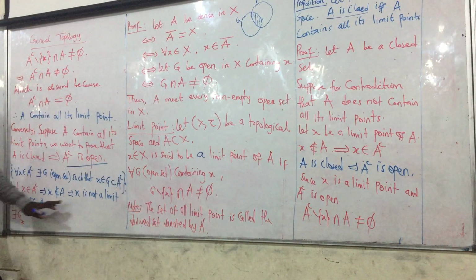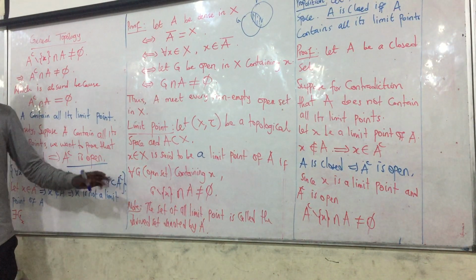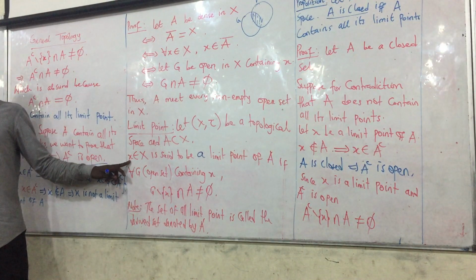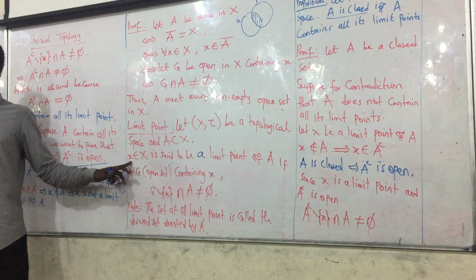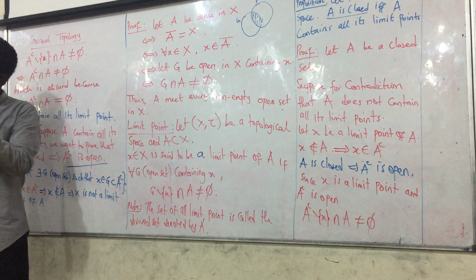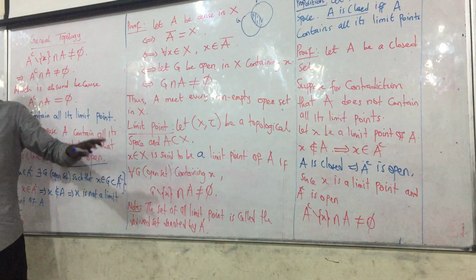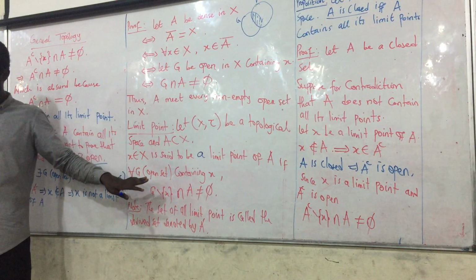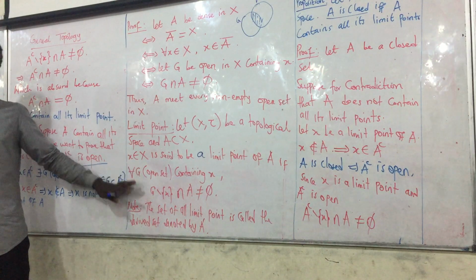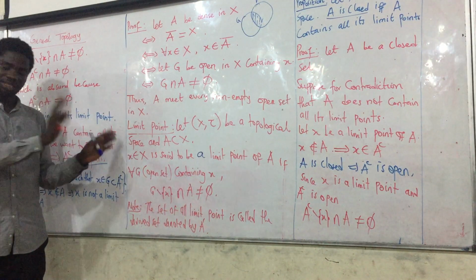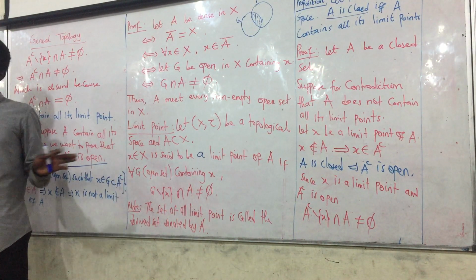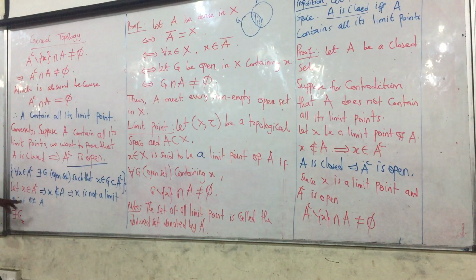But if you want to verify that a point is not a limit point, just find one open set that S is inside and this thing does not hold. That means S is not a limit point. So to prove that X is not a limit point, there exists an open set that contains X.